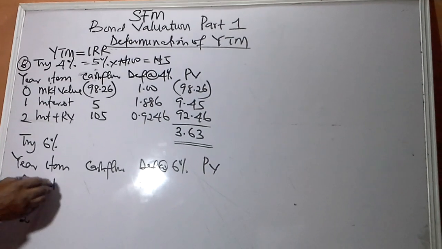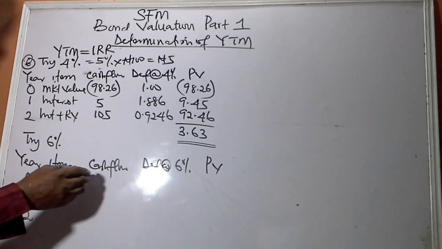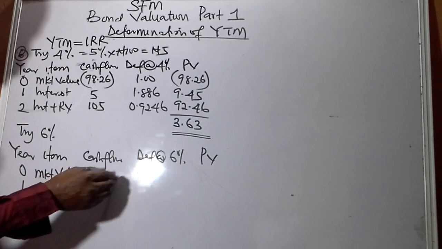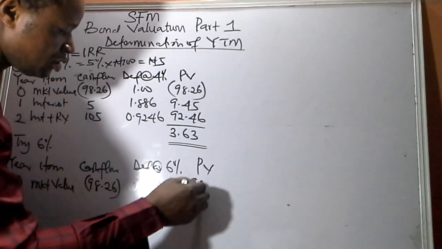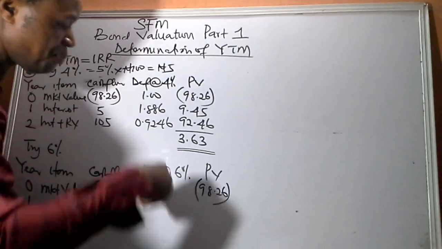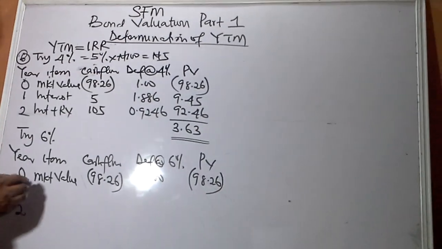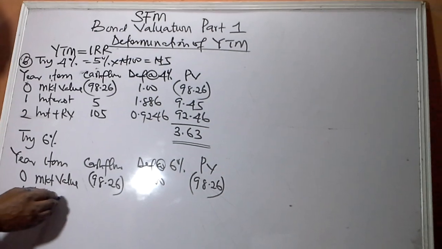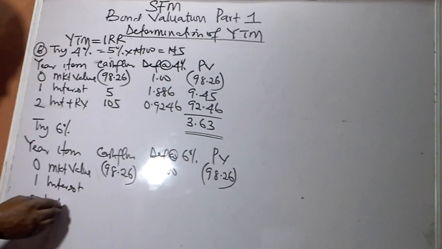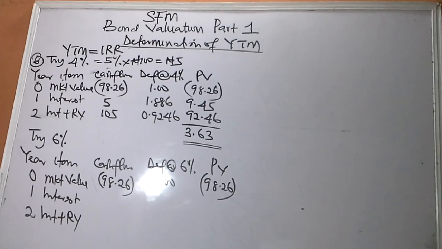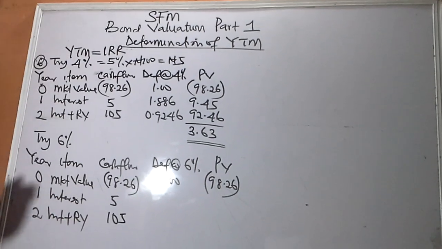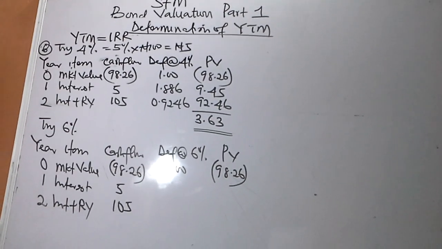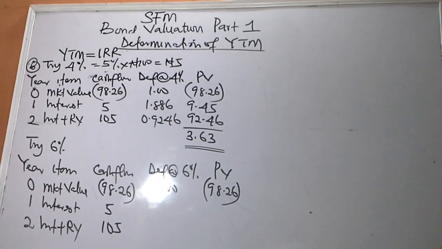The market value of the bond is still 98.26 as an outflow, because that is what you'll be paying to get the bond. The interest in year 1, year 2 interest plus redemption value, you still have 5 and 105, but at a different discount rate now.